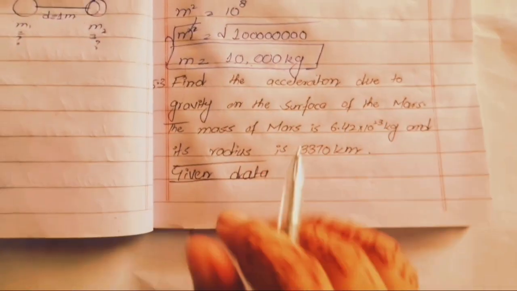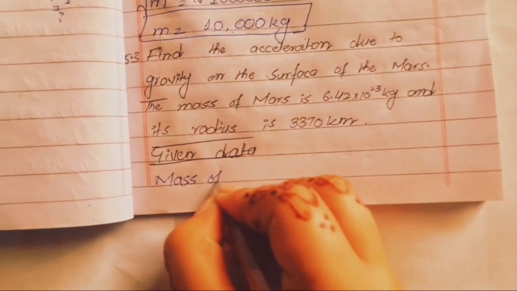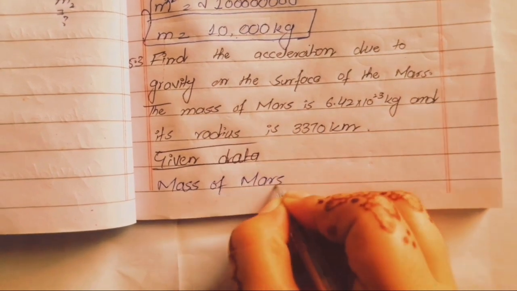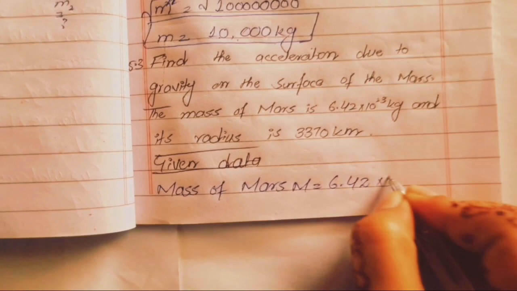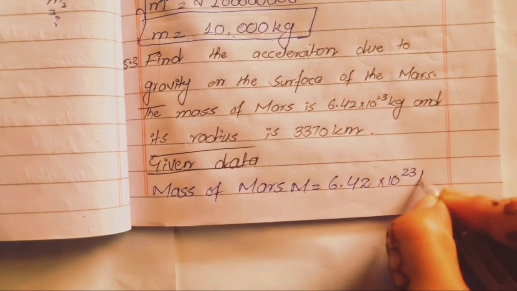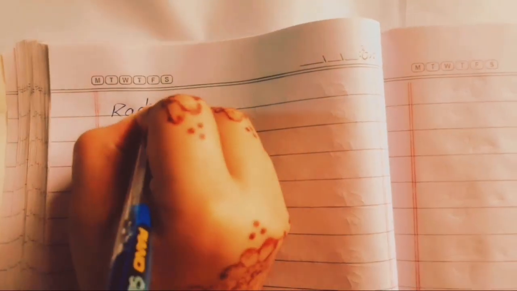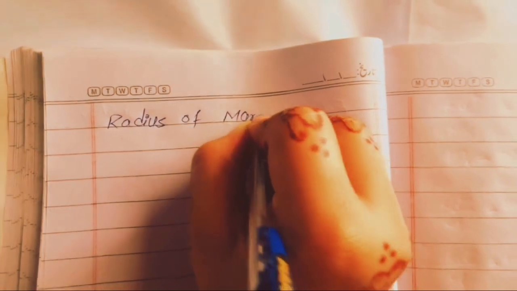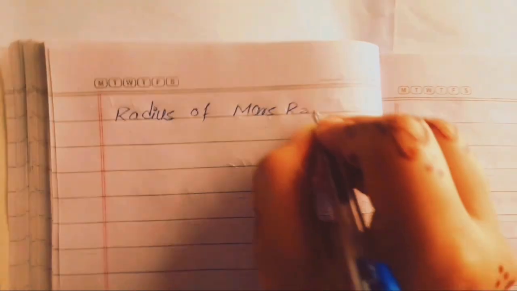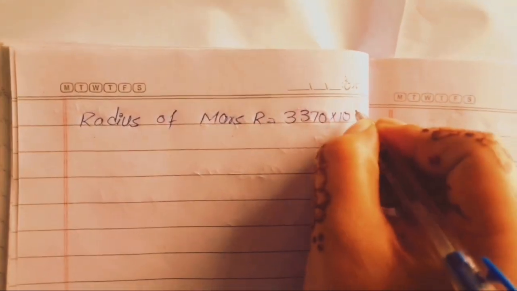Mass of Mars, m is equal to 6.42 multiplied by 10 raised to power 23 kg. Radius of Mars, capital R, is equal to 3370 multiplied by 10 raised to power 3 meter.